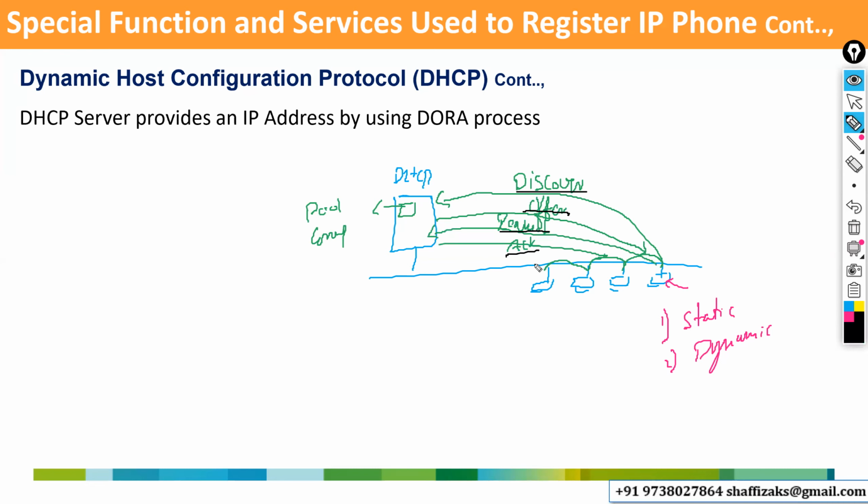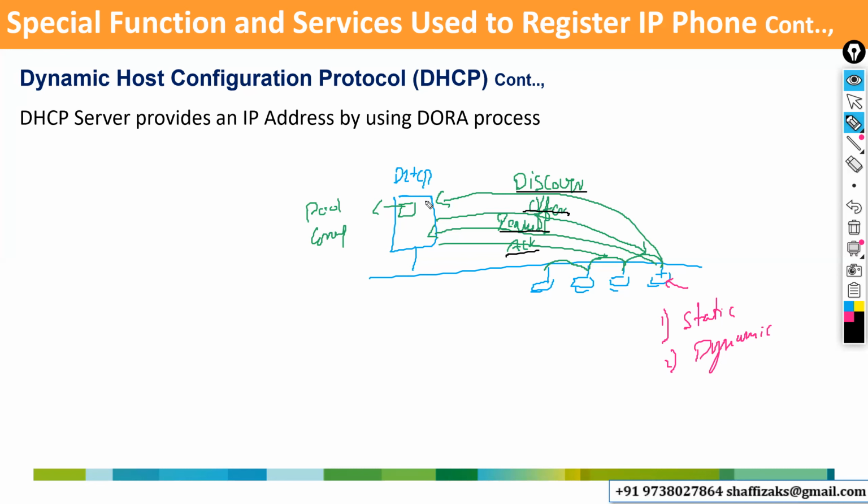For a particular time period, you give them the authority to use it. Whatever IP address I give, I fix it for the lease period: 1 day, 2 days, 8 hours, 3 days, 8 days. This depends on what type of DHCP you are using. For example, Windows DHCP provides 8 days for a wired connection. For wireless, it provides only 8 hours. Every 8 hours, it keeps changing the IP address.